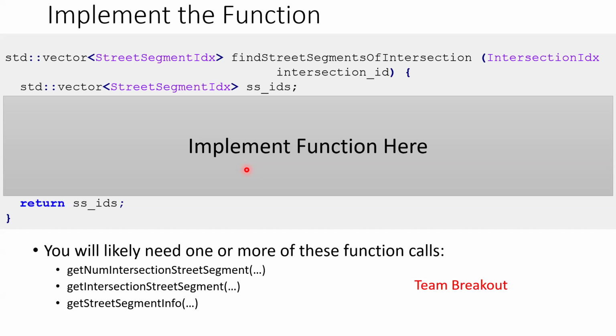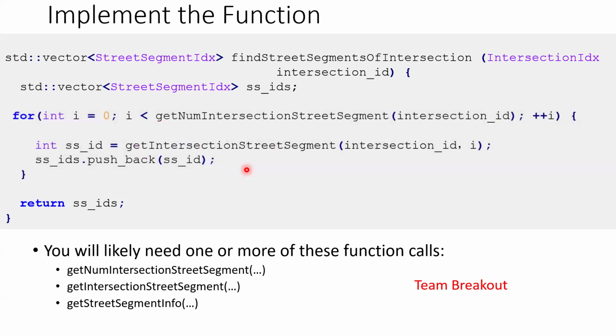Yeah, we get the number of street segments for this intersection. We loop through them. We get each street segment ID for this intersection, and we push back. Is this fine?